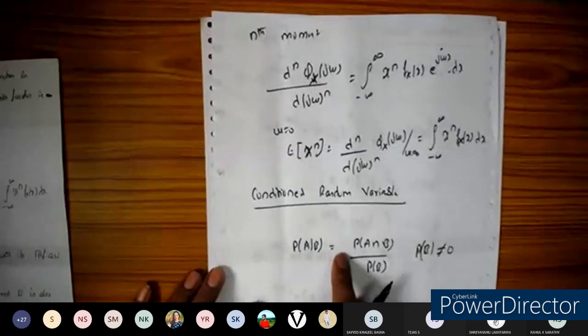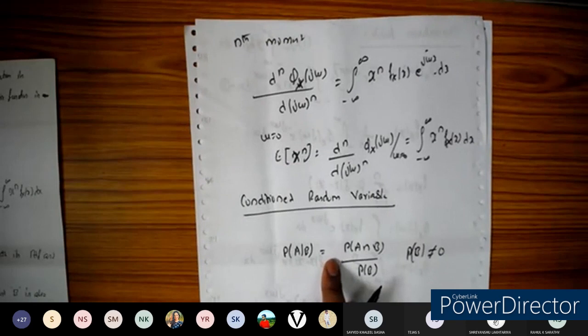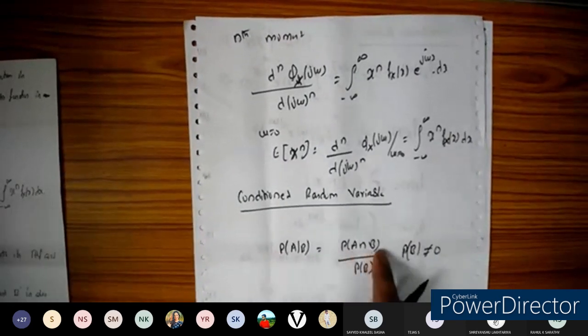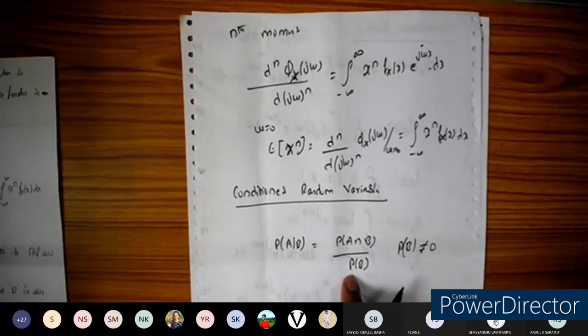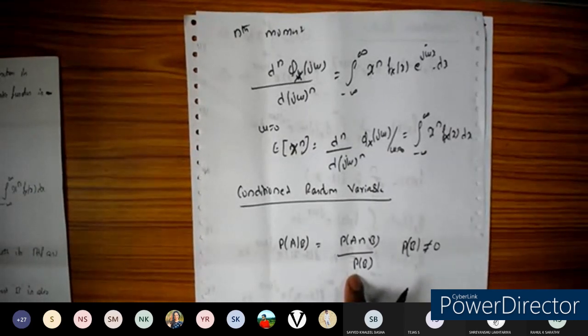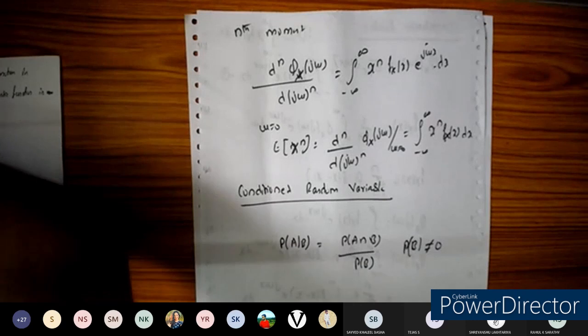Based on this concept, we are going to define the conditional cumulative distribution function and the conditional probability density function for the random variable X.